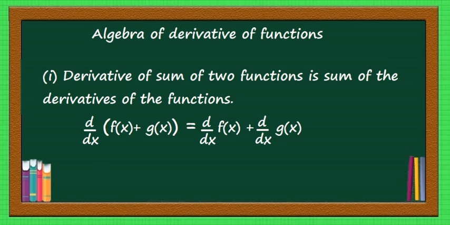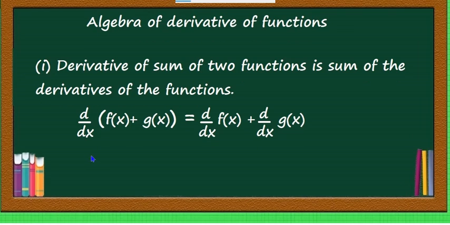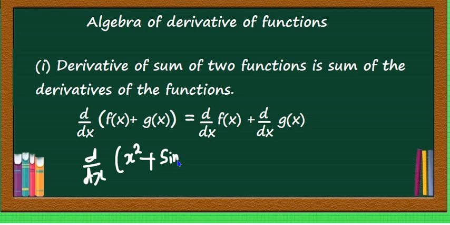For example, if we want to find d by dx of the sum of two functions, let us take x square as one function, plus sin x as another function. If you want to find the derivative of the sum of the two functions, that is equal to the sum of the derivatives.